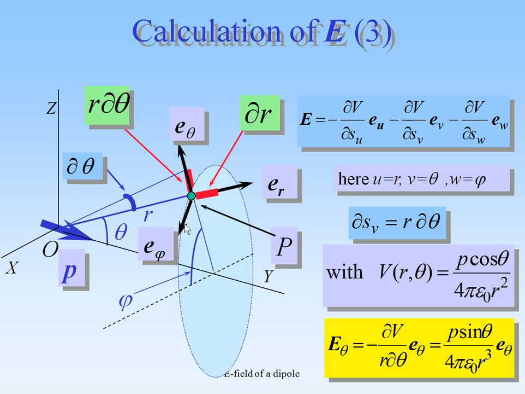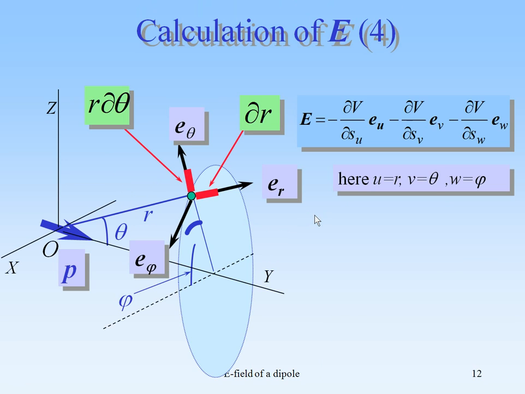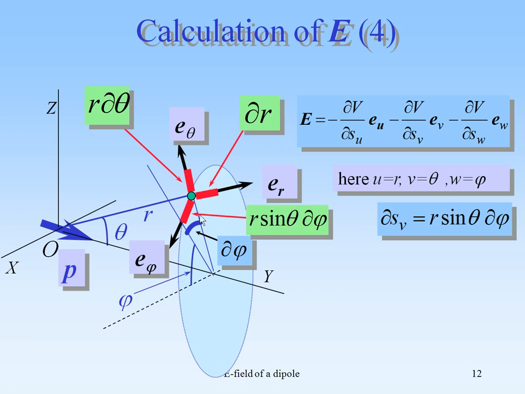Now the third one, the phi. Here we have the line element along the phi direction, and this is, as you can see, r sine theta, this line here, r sine theta, times d phi. D phi is here.